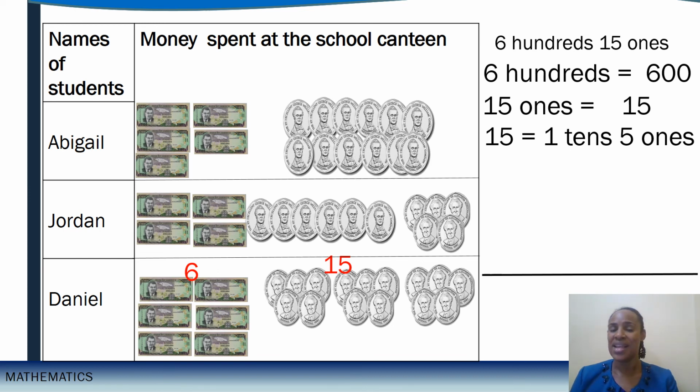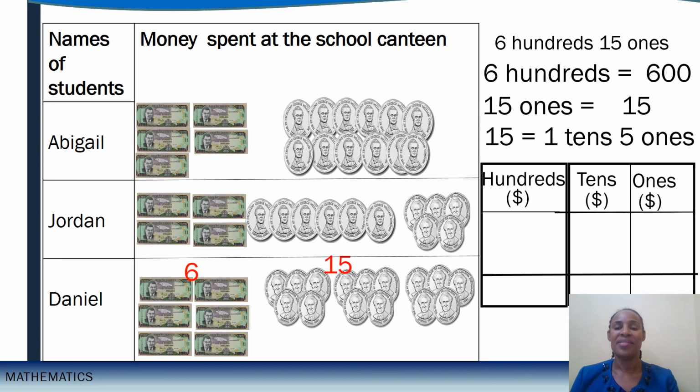That makes it easier for us to write 15 ones on our place value mat. Here we go. For 600, look at how 600 is placed on the place value mat. There we have it, 600, 0 tens, 0 ones. And for 15 ones, or 1 tens and 5 ones, there we have it.